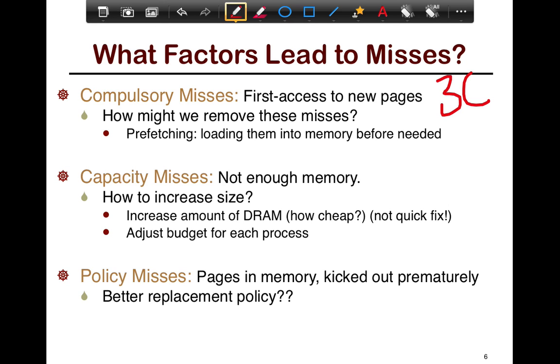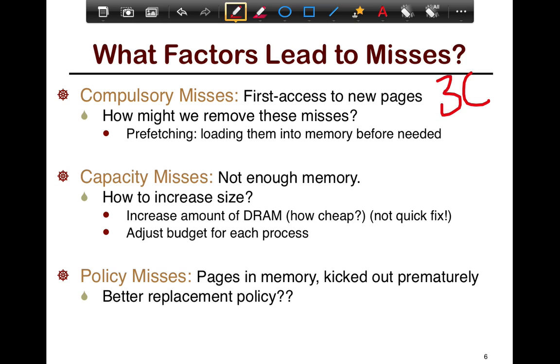Capacity misses are when there's not enough memory. How to increase the size is the important question. I don't have enough capacity, so again here you can't really do much other than putting in more memory. Or, interestingly, you can use virtual budgets, where each process gets a certain amount of memory and you dynamically control what each process gets.